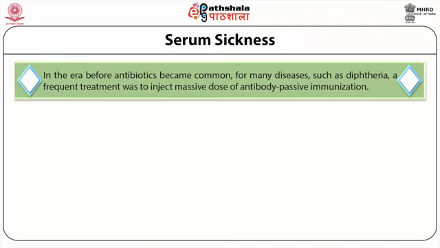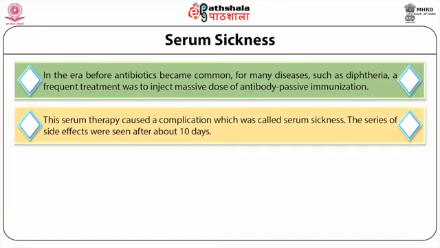In the era before antibiotics became common, for many diseases such as diphtheria, a frequent treatment was to inject a massive dose of antibody, passive immunization. This serum therapy caused a complication which was called serum sickness. The series of side effects were seen after about 10 days.